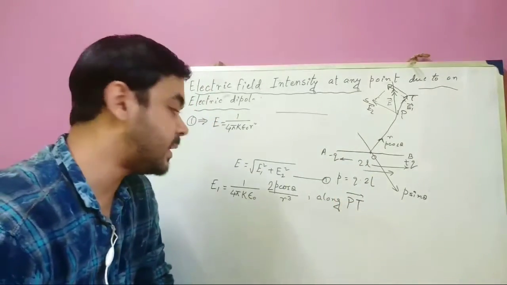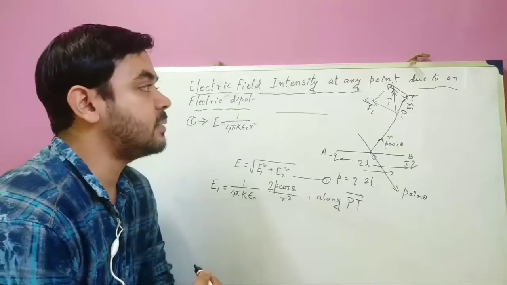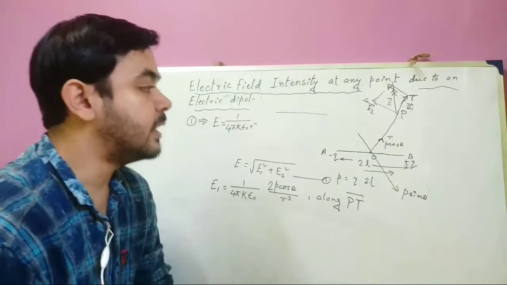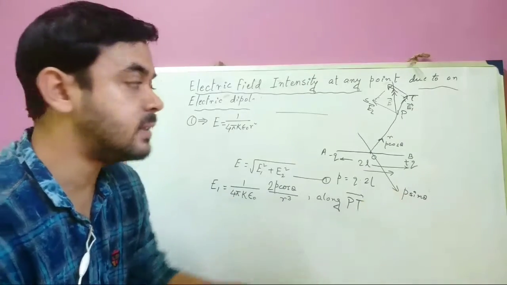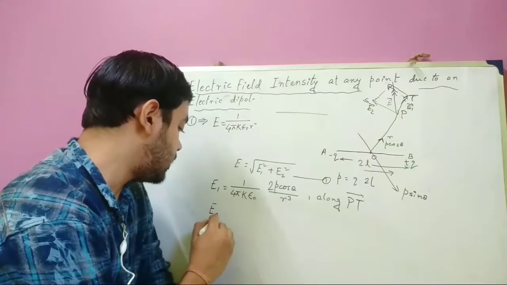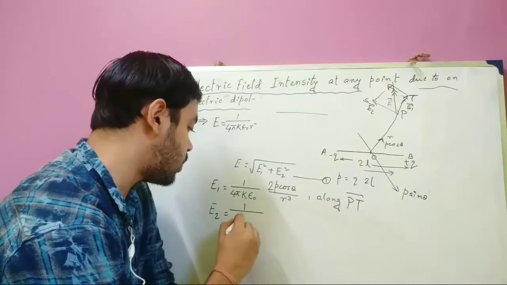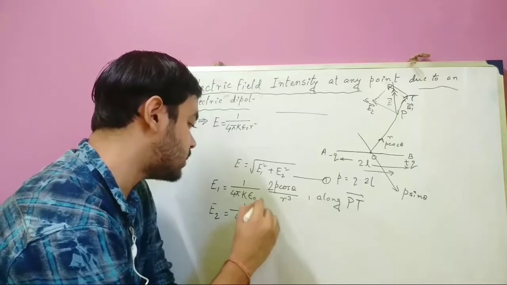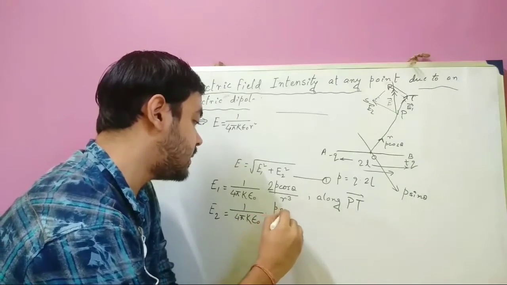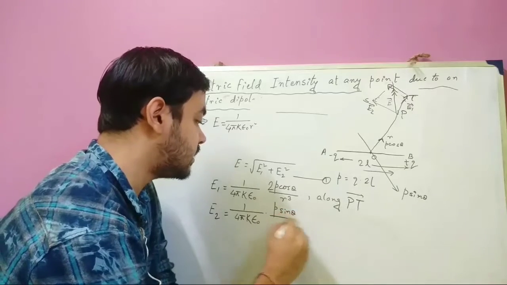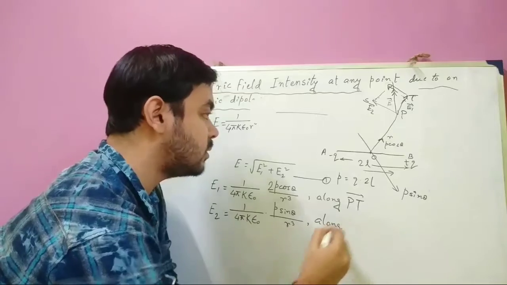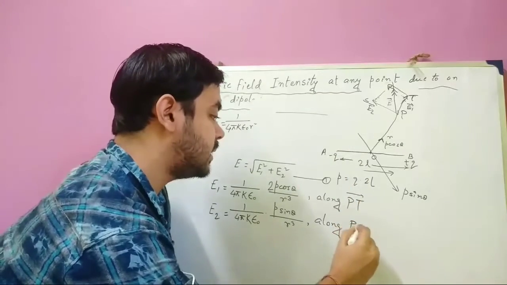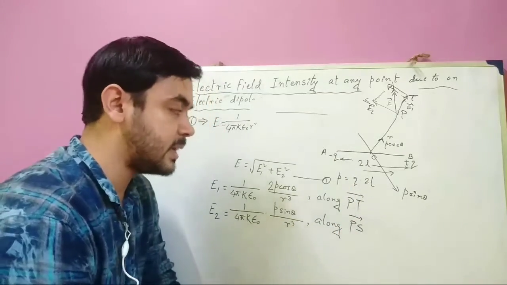And the electric field intensity at point P due to the dipole whose dipole moment is P sin theta is given by E2 equal to 1 by 4 pi k epsilon 0 into p sin theta by r cube, and this is along PS.